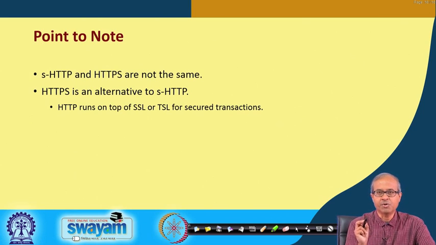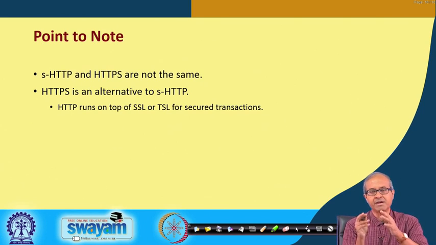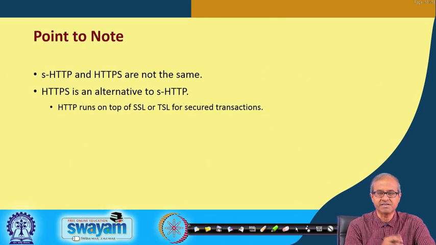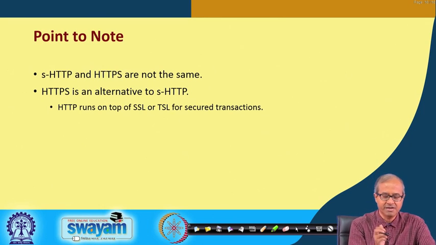Now, one small point I want to make: many of us are familiar with HTTPS. When we access some site, we type HTTPS followed by the name of the site, and that is supposed to be a secure connection. Now, SHTTP and HTTPS are not exactly the same. Okay.